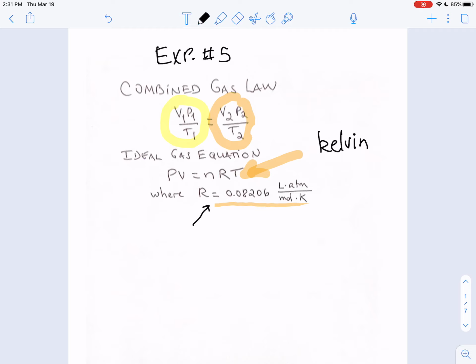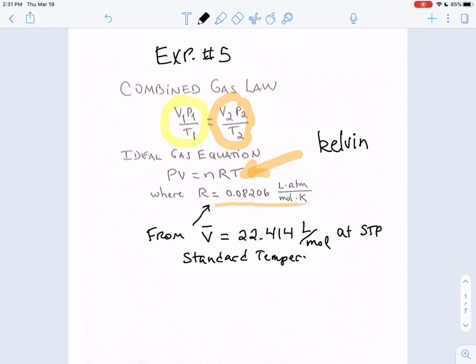It came from data that said that the molar volume of a gas is 22.414 liters per mole. This is at STP, which we said means standard temperature and pressure.